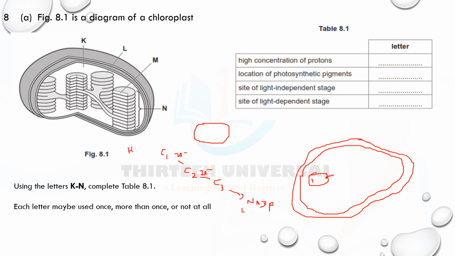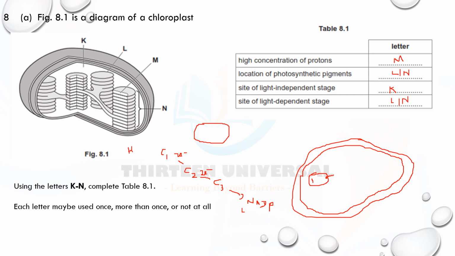Here is going to be L, that's M, and here is L or N. And here is just K. And here is L or N, that's the site for light dependent.